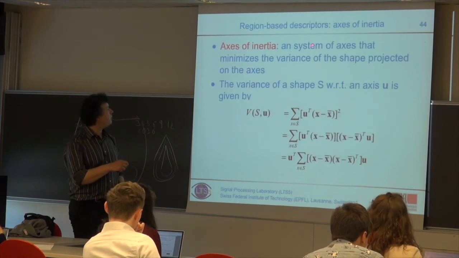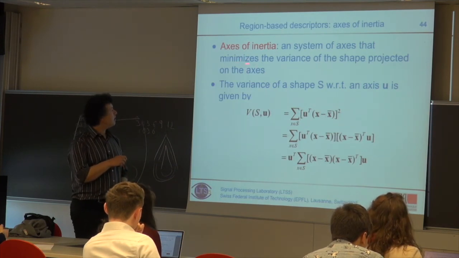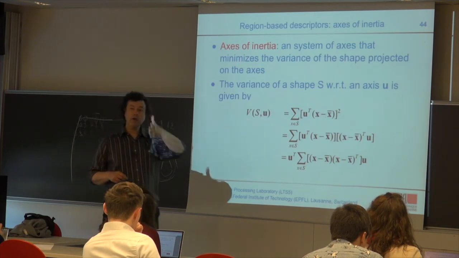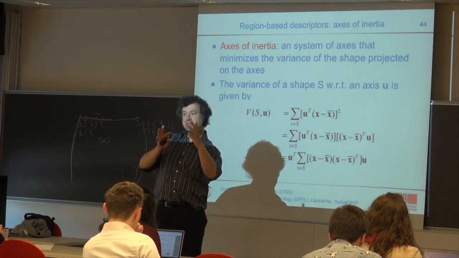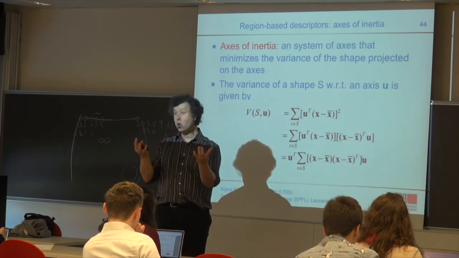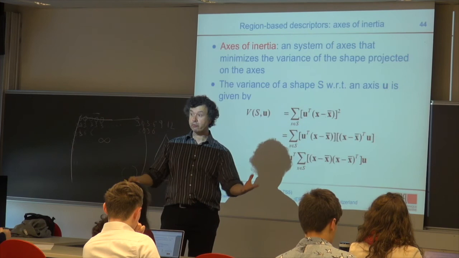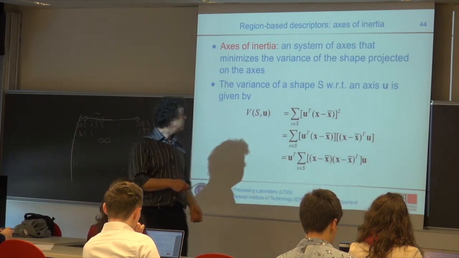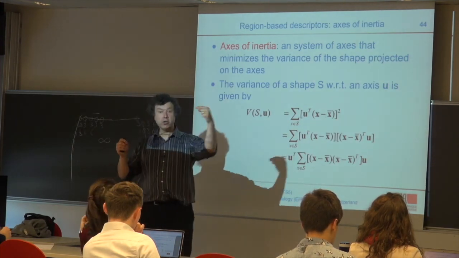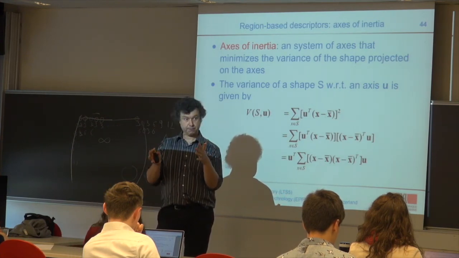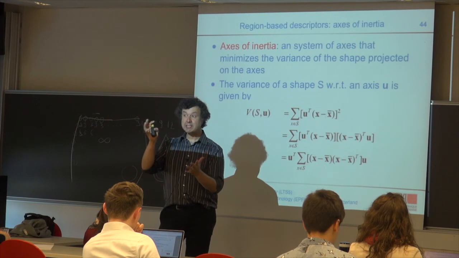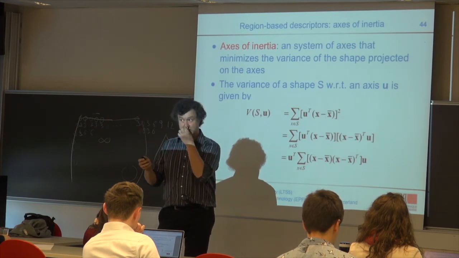The axis of inertia is the axis that minimizes the variance of the shape projected on the axis. This is what she said. The axis that basically equilibrates around it the distribution of the points. So, an axis from which the projection of the points on this axis has minimum variance. All the others will less nicely fit my object.